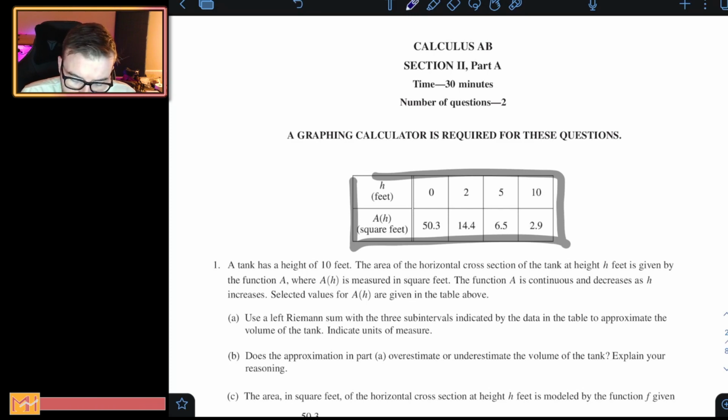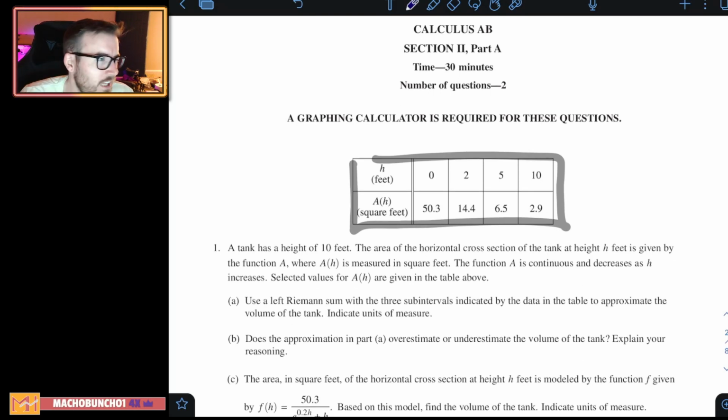The area of the horizontal cross section of the tank at height h feet is given by the function a, where a of h is measured in square feet. The function a is continuous and decreases as h increases. Selected values for a of h are given in the table above.